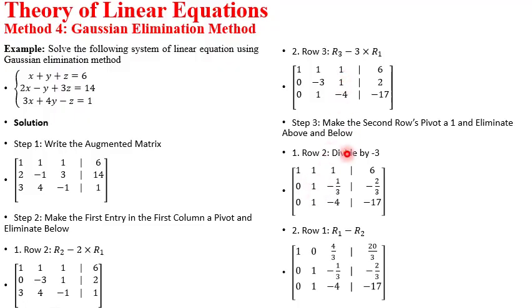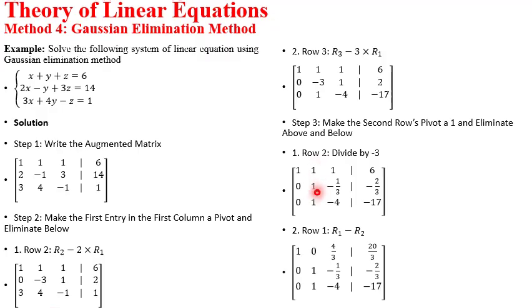So 1 divided by minus 3 will give us minus 1 over 3, and 2 divided by minus 3 will give us minus 2 over 3. So we have successfully made this particular element a 1. Next we want to eliminate this and this. In order to eliminate this now, we perform this row operation by subtracting the appropriate multiple of row 2 from row 1.